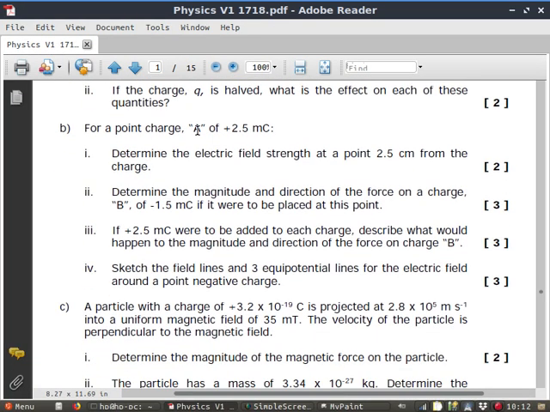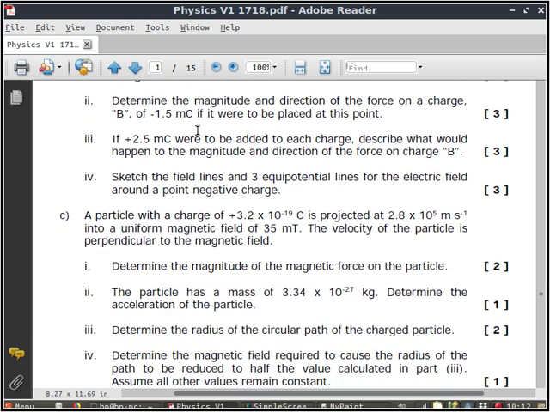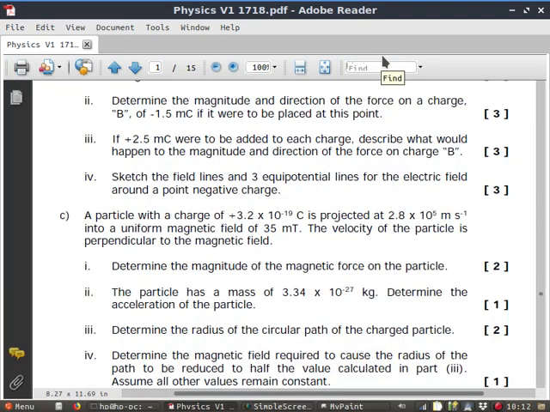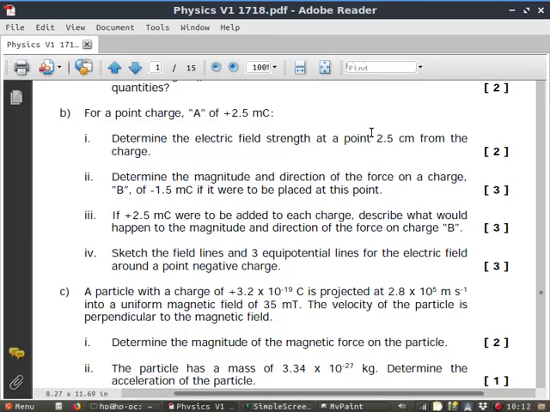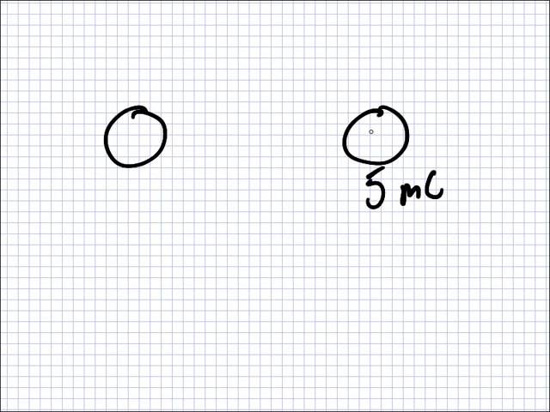If 2.5 are added to each charge, describe what would happen to the magnitude and direction of the force on charge B. So if you add 2.5, then A becomes 5 and B becomes 1.